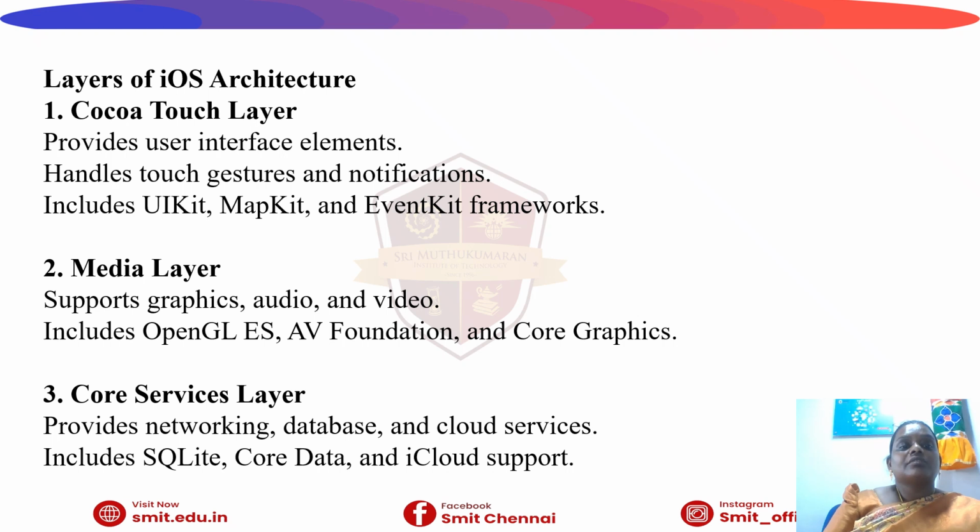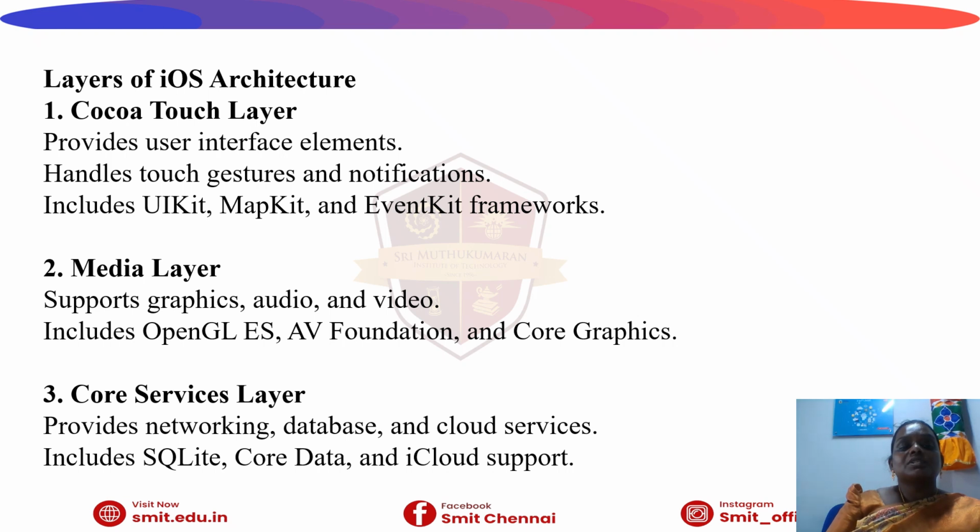And the layers of iOS architecture are the Cocoa Touch layer, media layer, and core service layer. The Cocoa Touch layer provides user interface elements. It handles touch gestures and notifications. It includes UIKit, MapKit, and EventKit frameworks. And the media layer supports graphics, audio, and video.